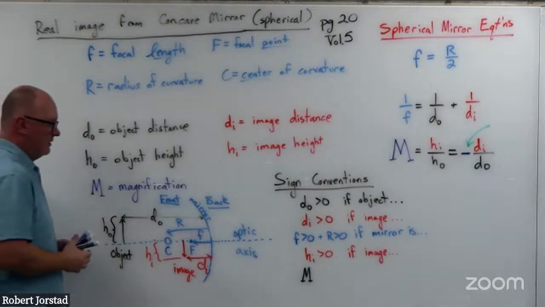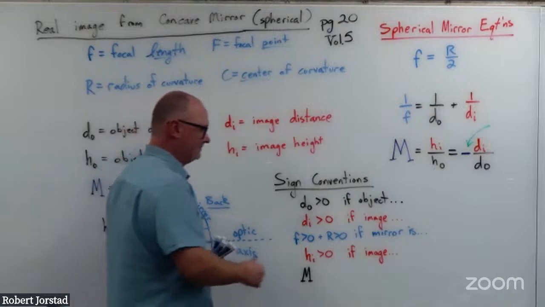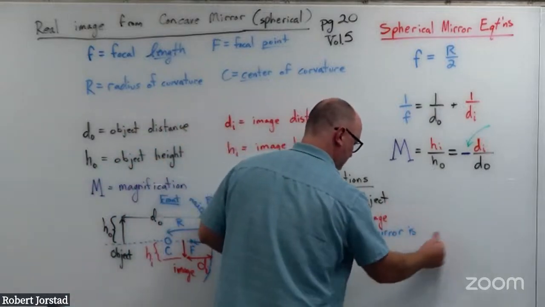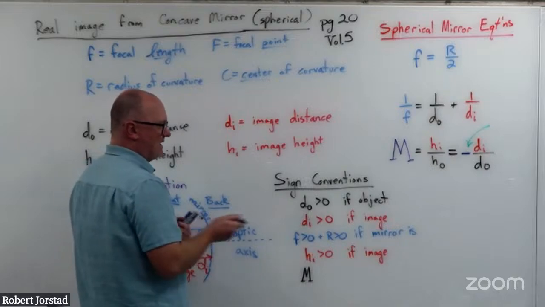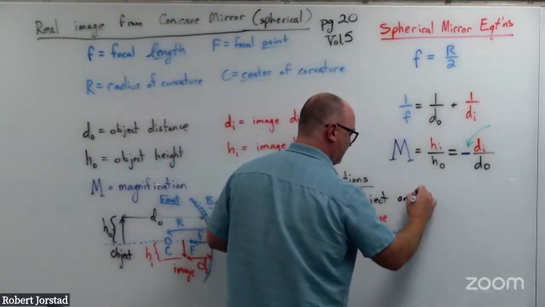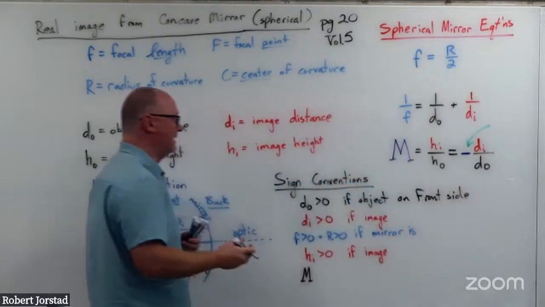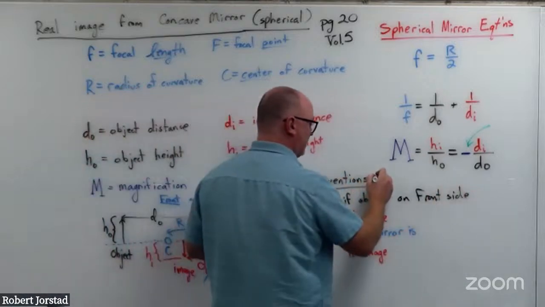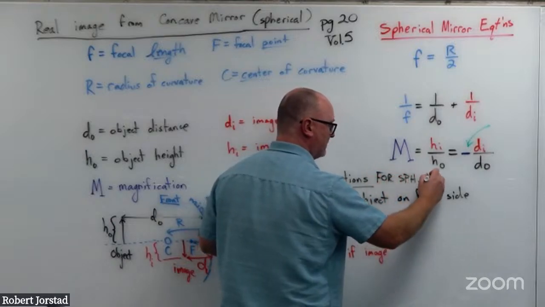Typically, we've seen that these numbers can be positive or negative, right? So under what circumstances? D_o is positive if the object is on the front side. And I should be clear, this is only true for spherical mirrors.